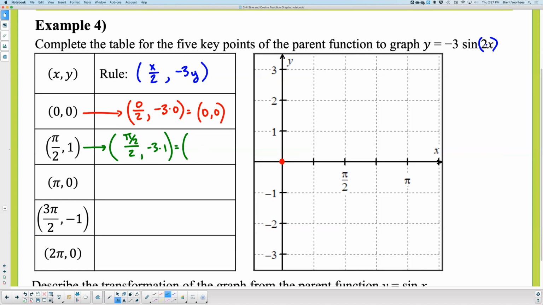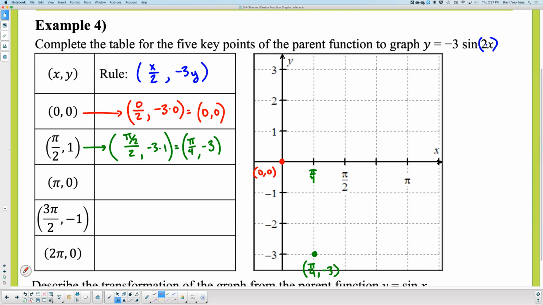We take our pi, we divide that by 4. So pi over 4, comma, and -3 times 1 is obviously -3. We're going to plot that point. So if this is pi over 2, this here is pi over 4. That's halfway to pi over 2. Go down to -3, place that point. There it is. That's pi over 4, comma, -3. I'll go ahead and put a 0, 0 there.